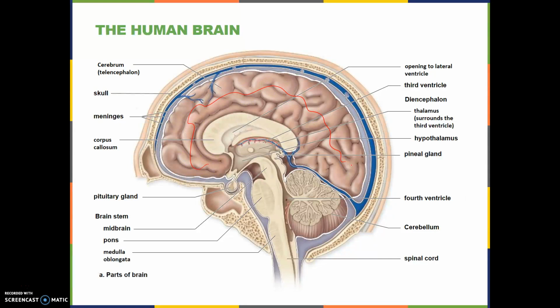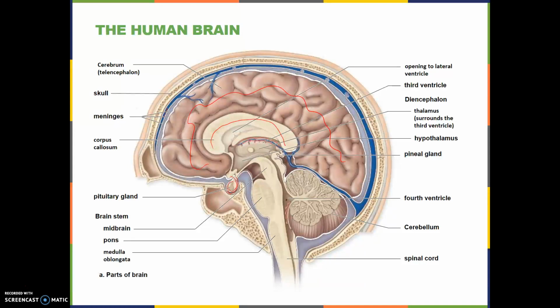And then you can see the meninges, which we talked about, the pia mater, the arachnoid mater, and the dura mater in order. Pia, arachnoid, dura. Okay, and then the corpus callosum, the pituitary gland, which produces a lot of hormones that regulate other organs and glands in the body.